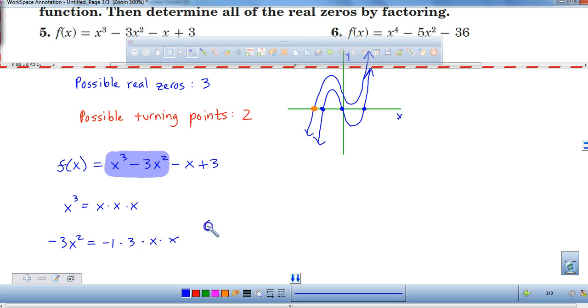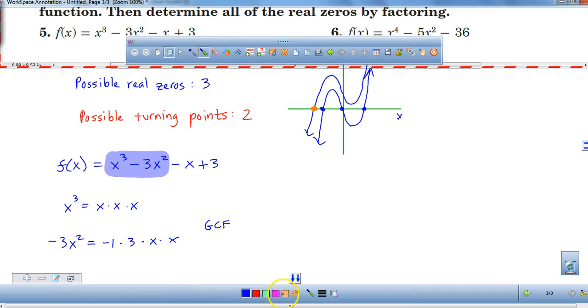So we're looking for what's called the GCF, or the greatest common factor between this monomial and this monomial. So I'm going to highlight that. Hopefully you can see that this right here has an x squared, and this right here has an x squared. So the GCF between x cubed and minus 3x squared is an x squared.